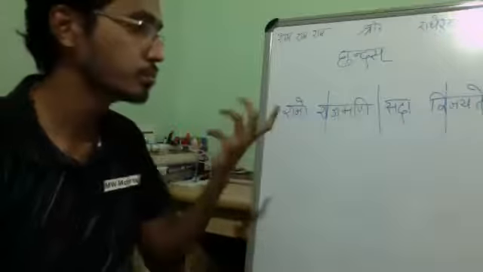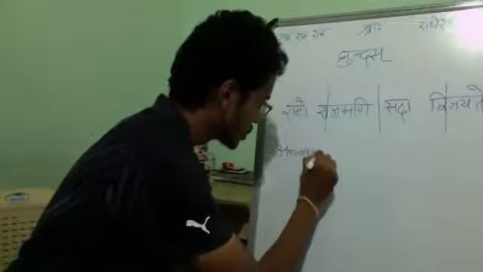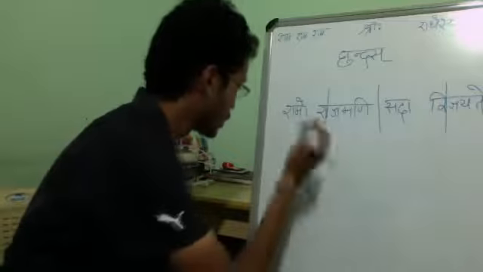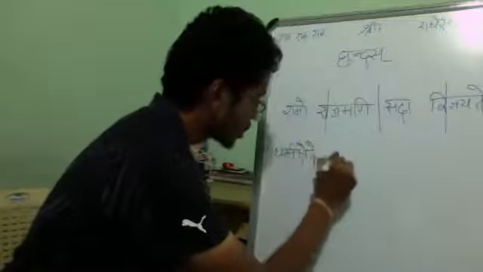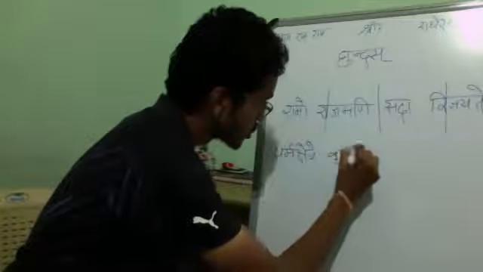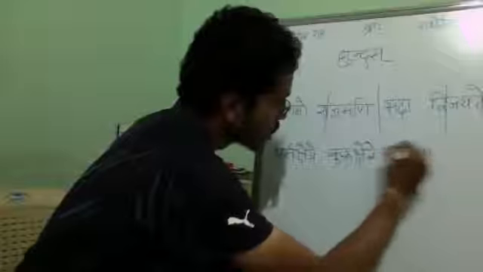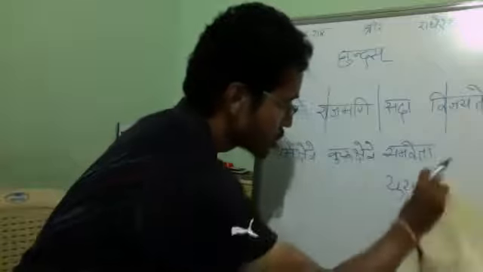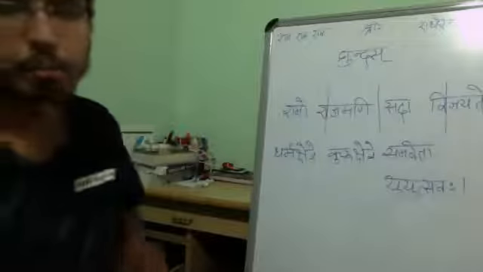For example, let us take a line from the Bhagavad Gita: Dharmakshetre Kurukshetre Samavetaha Yuyutsavaha.